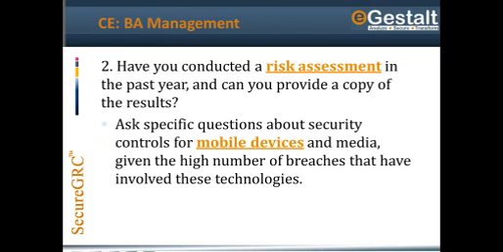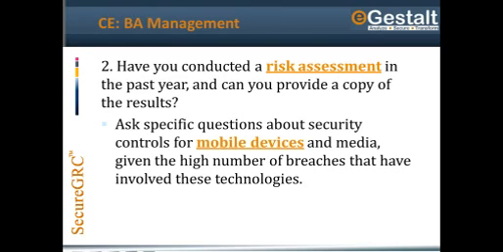The second question is, have you, the BA or vendor, conducted a risk assessment? And can you provide a copy of the results? Risk assessment is a very specific requirement to ensure that the information, PHI, as it resides on different parts of the organization, devices, servers, laptops, is secure and handled correctly.